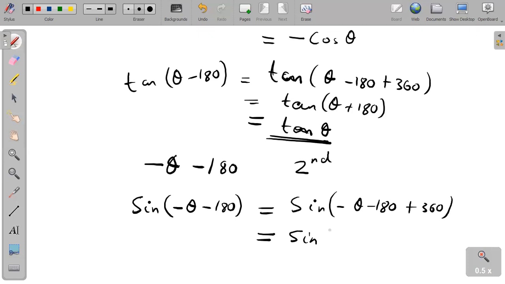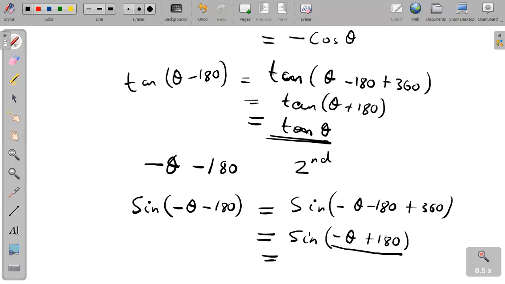So we will say minus theta plus 180. Why? Because minus theta minus 180 plus 360 obviously is going to give us minus theta plus 180. So at the end, what are we having? Sine of minus theta plus 180 is going to give us, in which quadrant is minus theta plus 180?